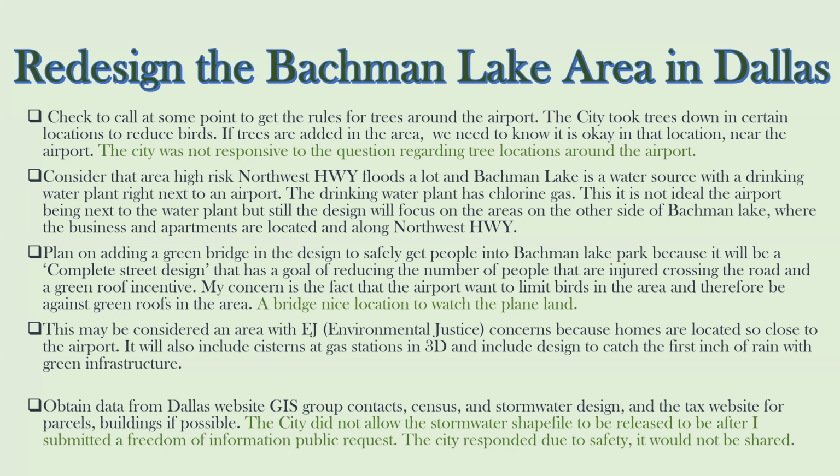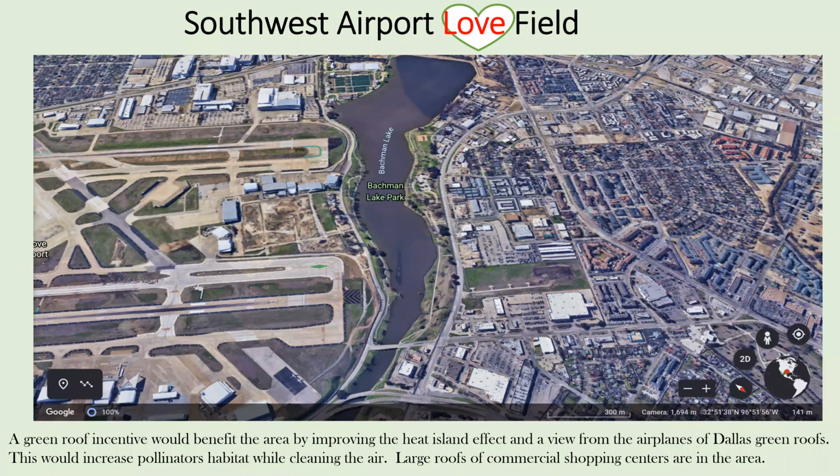They did tear down some trees in Bachman Lake Park, but a lot of these trees are going outside the park, and I didn't get more details on that. There is a drinking water plant next to the drinking water source that is also next to the airport, and multiple apartment complexes nearby.